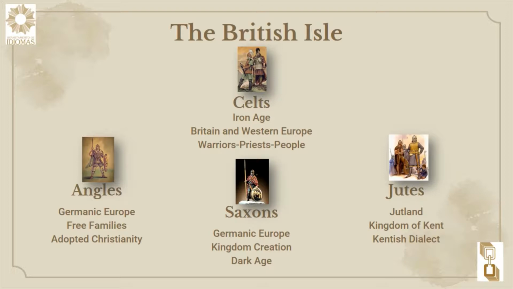These three tribes that invaded came from Germanic Europe and Jutland, and they were the Angles, the Saxons, and the Jutes. The Angles were the first Germanic tribe that had a great impact with the invasions, and they came from Germanic Europe. They adopted Christianity after dealing with the Roman Empire, and they had a system of free families.